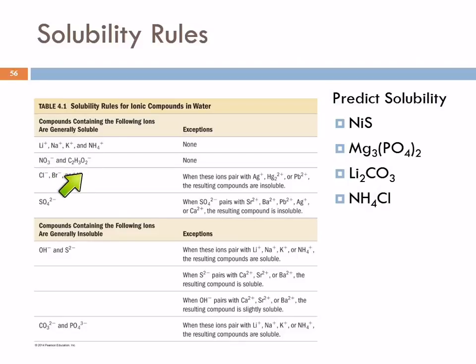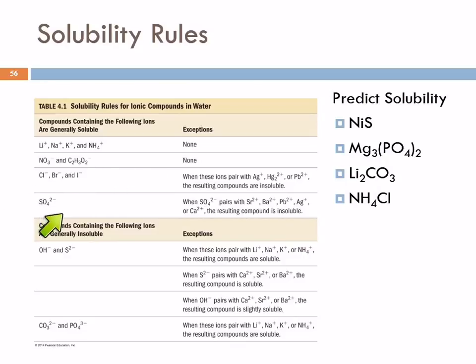If it has nitrate or acetate ion, it's going to be soluble, no exceptions. These are halides, chloride, bromide, and iodide. Those are generally soluble with 3 notable exceptions: silver, mercury, and lead. So if you have lead 2 chloride, it's not going to dissolve.